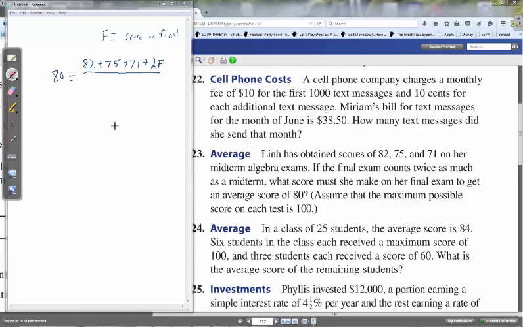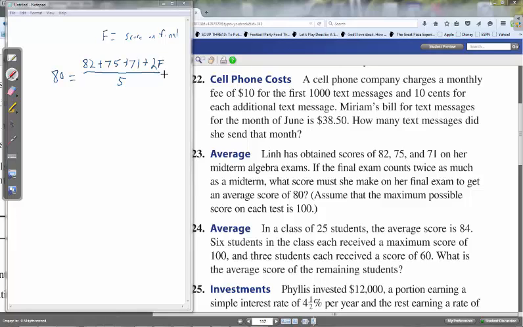So 2 final exams, which would mean my total tests would come out to 1, 2, 3, 4, 5 exams. So the average of 5 scores gets you the 80. So again, we're just setting up an average of all the tests. It's over 5 because the final counts as twice a single test. So I just count it as 2 tests. I could write plus F, but that's the same thing as writing 2F.